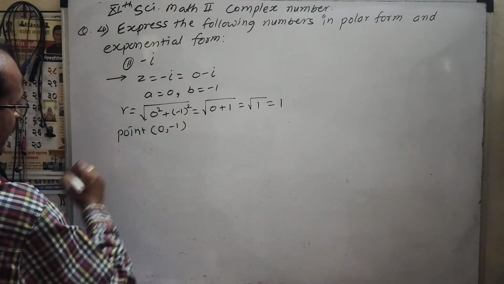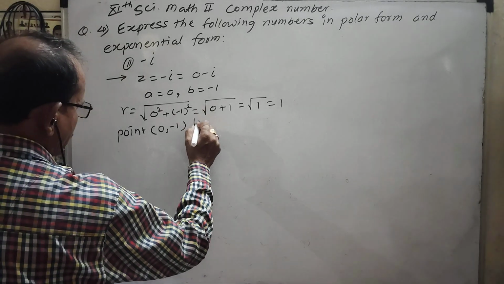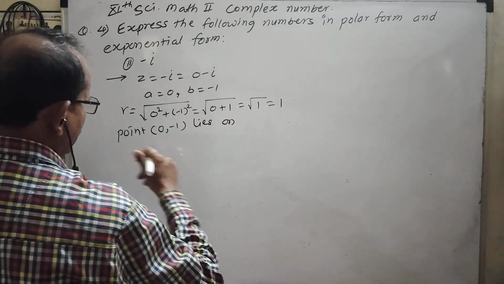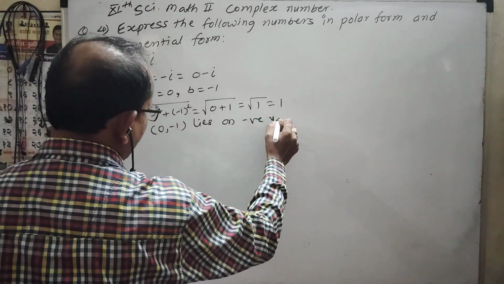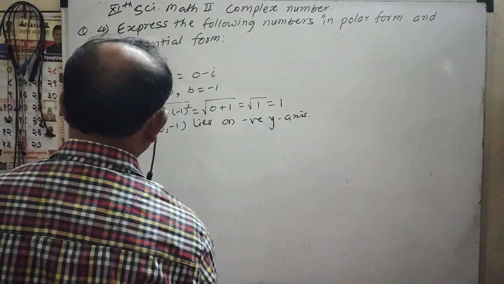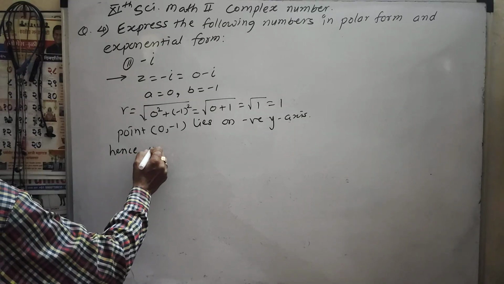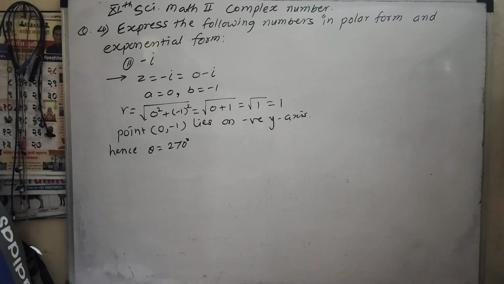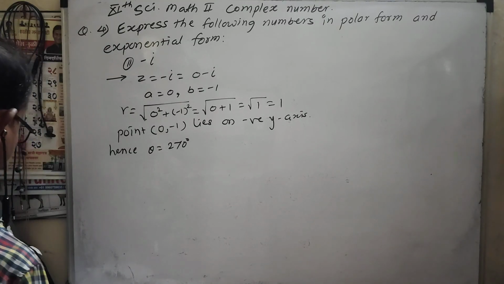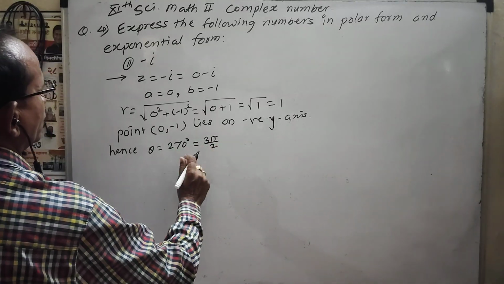The point 0, minus 1 lies on the negative y-axis. Hence theta is equal to 270 degrees. Theta is 270 degrees or 3 pi by 2.